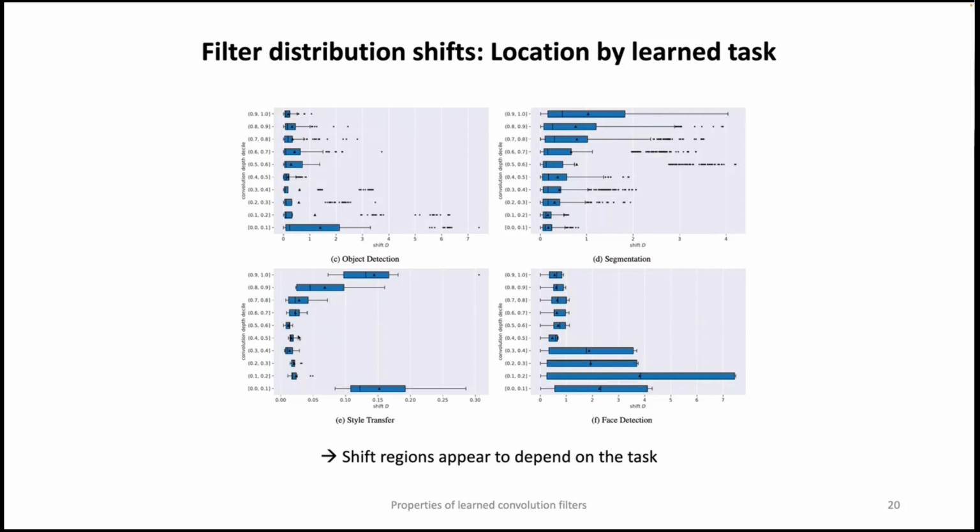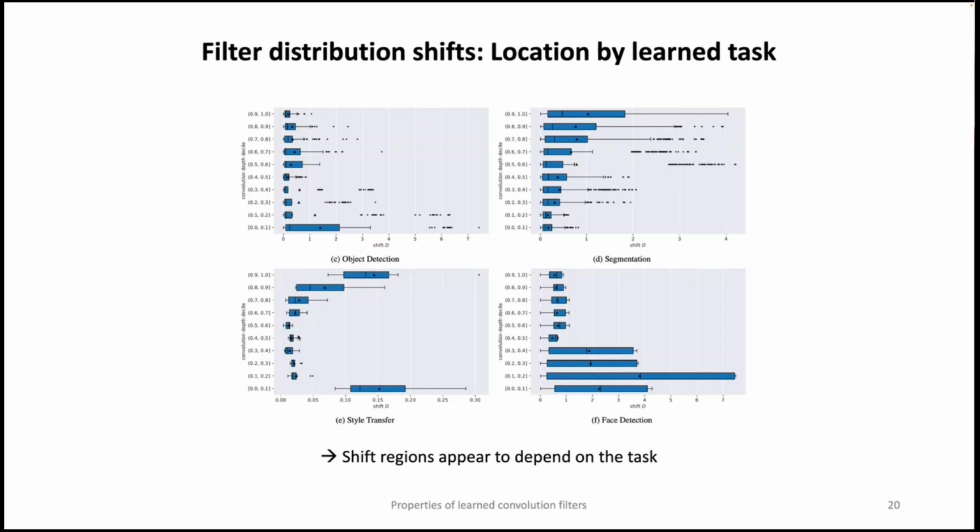So for example, if you look at segmentation models on the top right, you see that the deeper you go into the model, the more differences you see in the filters, which is what you would also expect. But if you look at object detection models, you see the entire opposite of that. You see very many differences in the filters in the first layers, and then marginal distribution shifts in the upper layers.